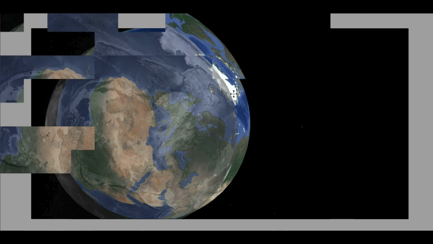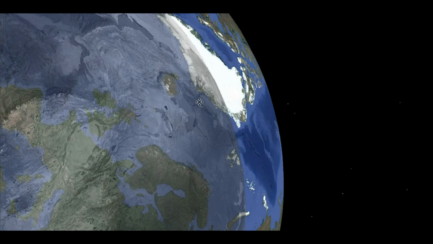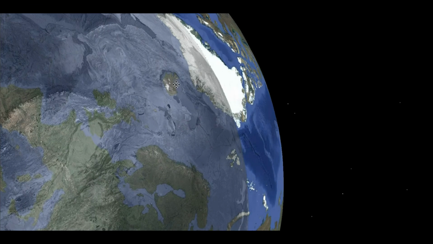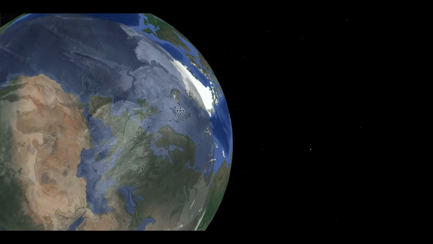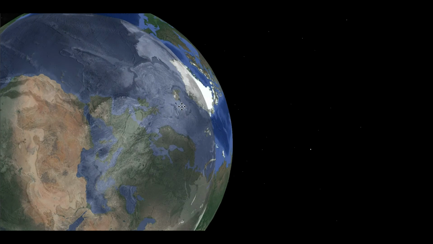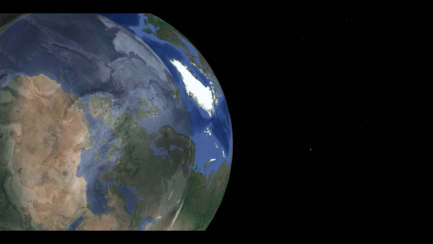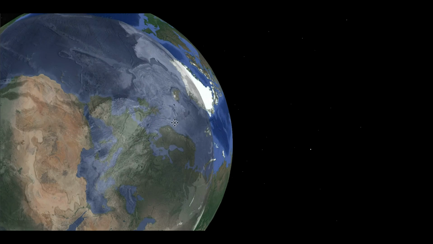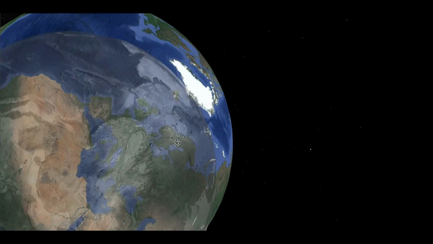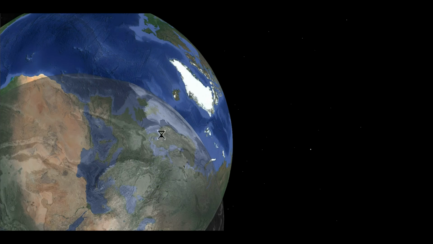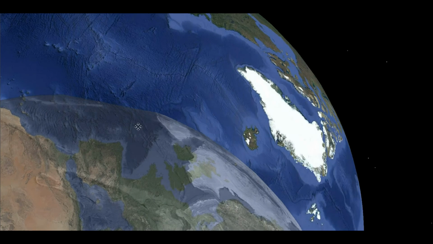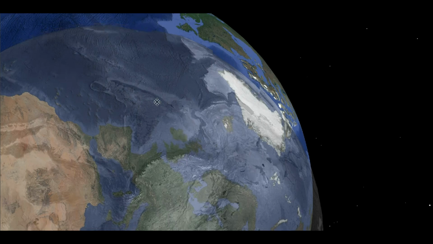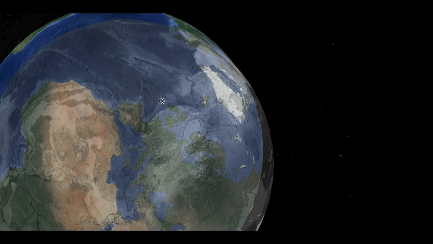Look at Iceland. Iceland fits in that groove of the Black Sea and the Caspian Sea. Here's the Mid-Atlantic Ridge. It has something to do with India.